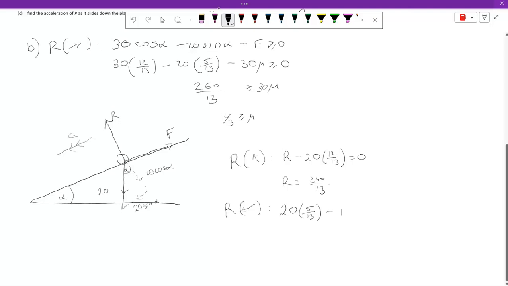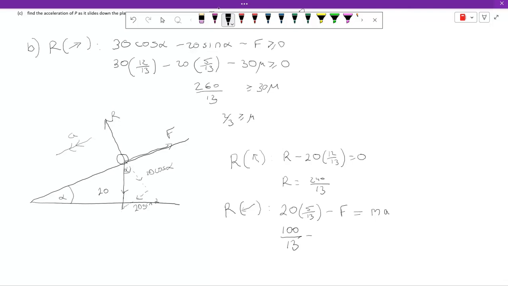Then you've got the friction going up the slope. And because it's accelerating, this is our resultant force, and that's going to be equal to ma. So ma, let's just write that for a second. Okay, so that's 100 over 13 minus F is equal to ma.